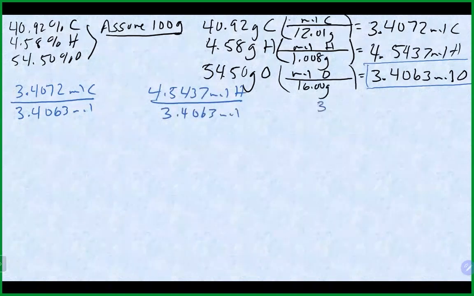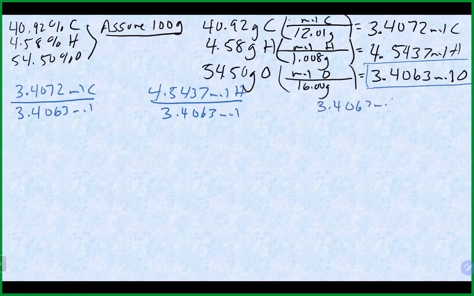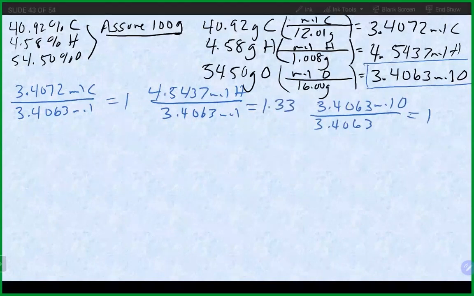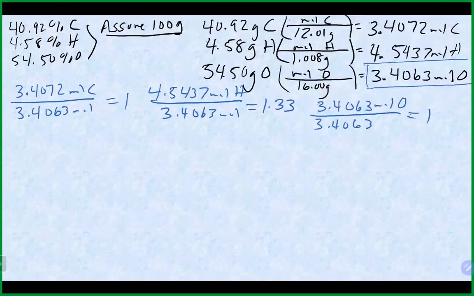And we take the 3.4063 moles of oxygen and divide it by the same number. That gives us 1, obviously, for oxygen, pretty much 1 for the carbon, and for hydrogen we end up with 1.33. Once again, we chose the smallest number of moles, which is what you always want to choose, and we divided all the other moles by the same number.